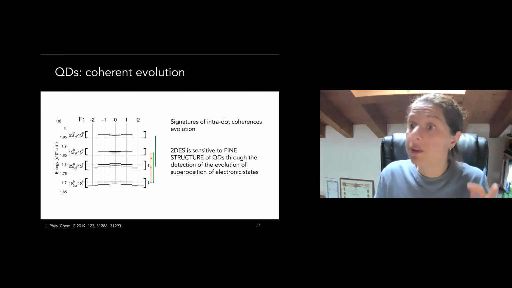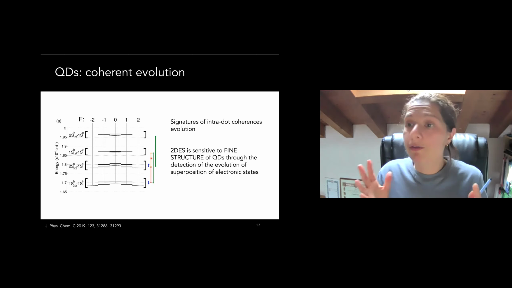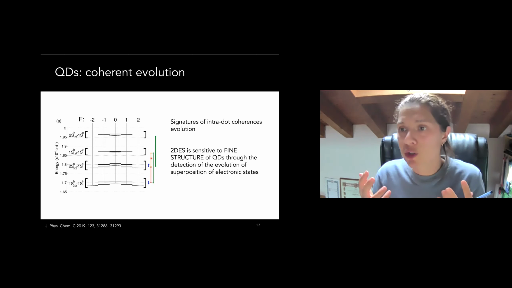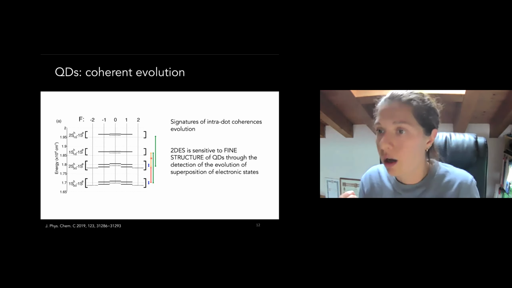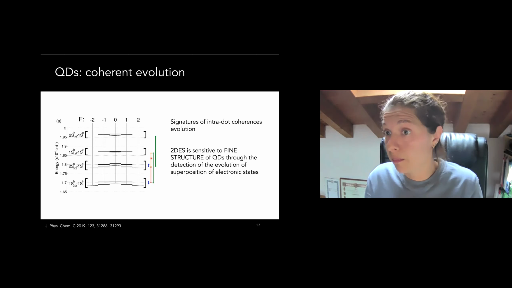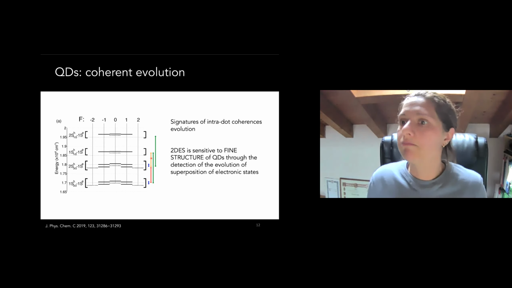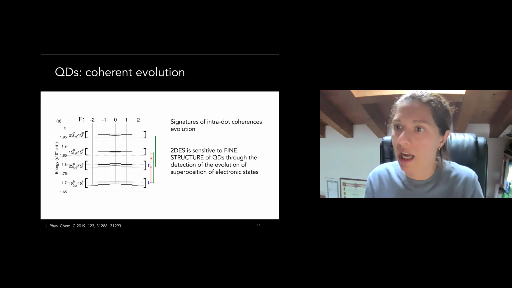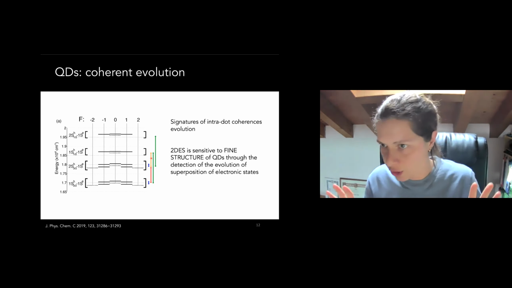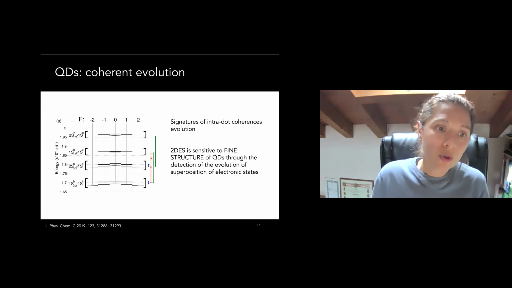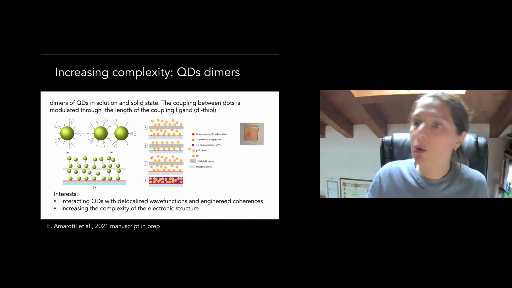Starting from this evidence, and from having found that 2D spectroscopy can really capture quantum coherent behavior in suitable conditions, for example in water when the solvent is not contributing, we decided to study more complex systems.